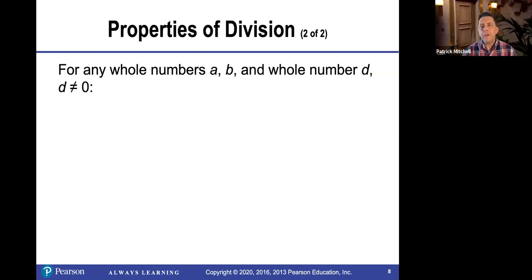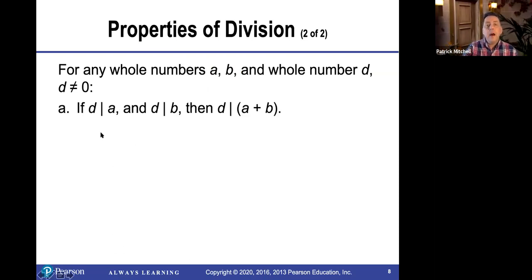For any whole numbers a, b, and whole number d with d not equal to 0, if d divides a and d divides b, then d divides a plus b. If d divides a and d does not divide b, then d is not going to divide a plus b.